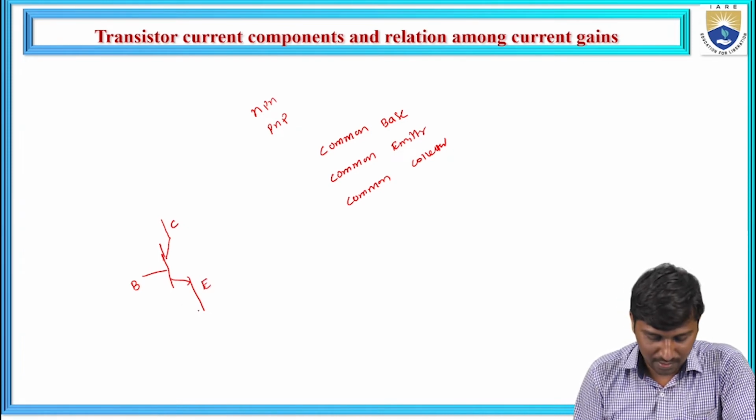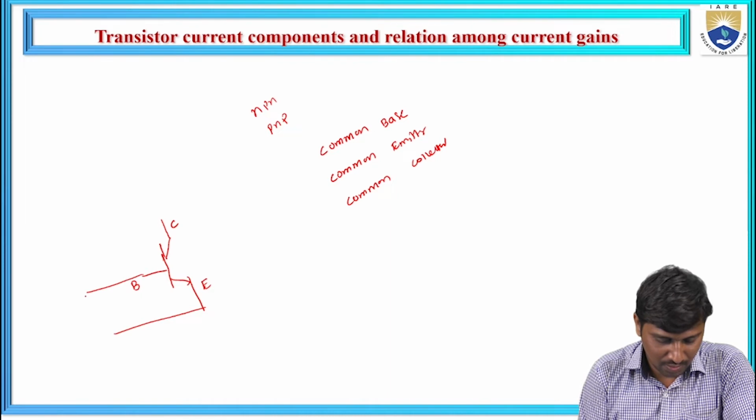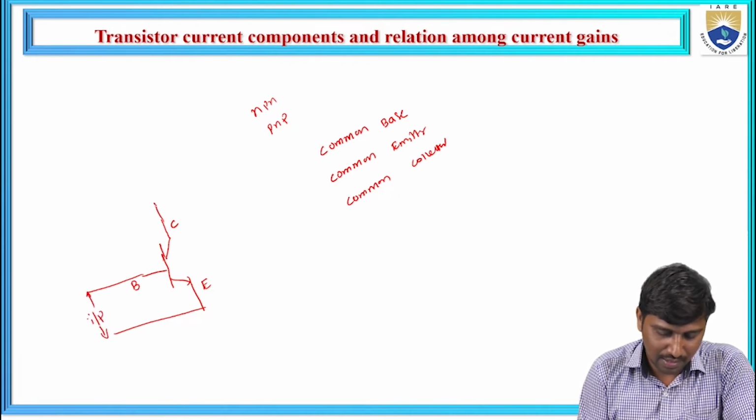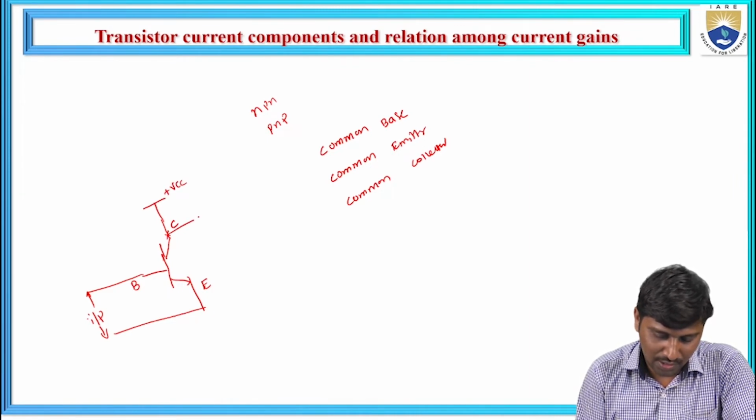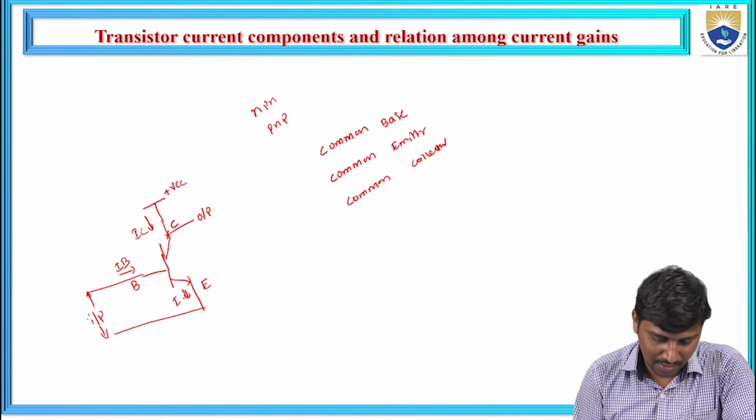The input is passing through this base terminal, and it is biased with plus VCC. Output is taken from the collector, hence it allows the collector current, the base current flows, and this occurs as an emitter current, IE.